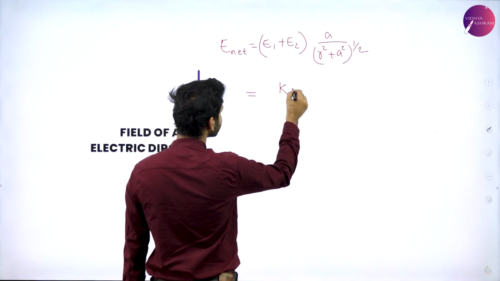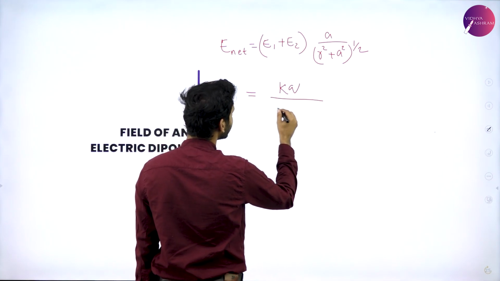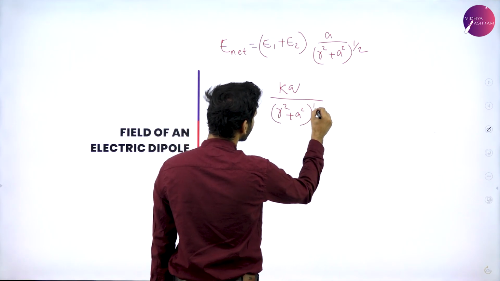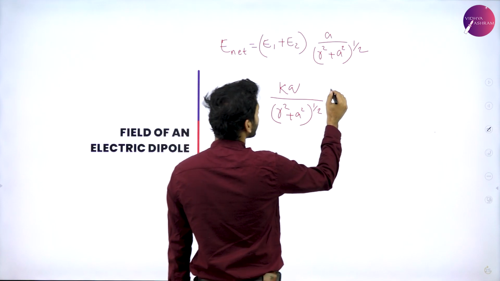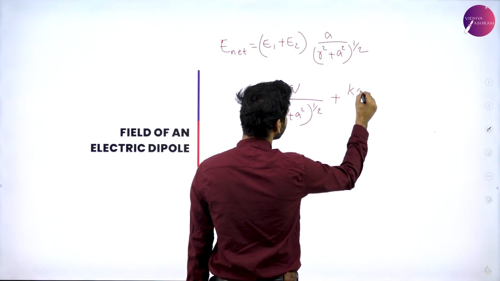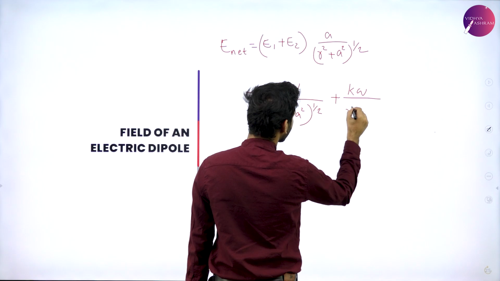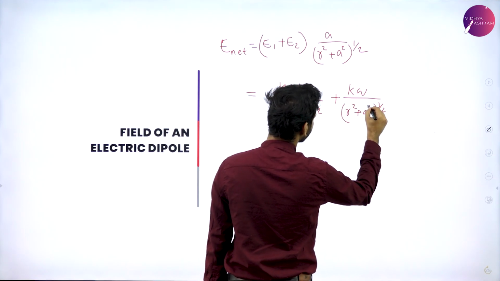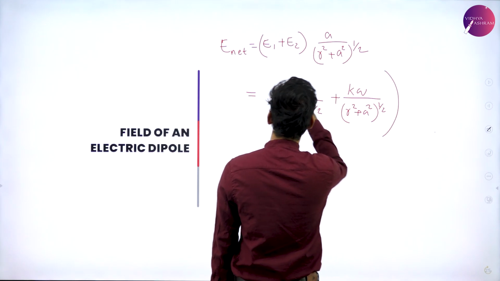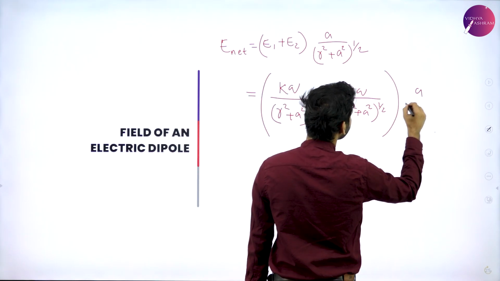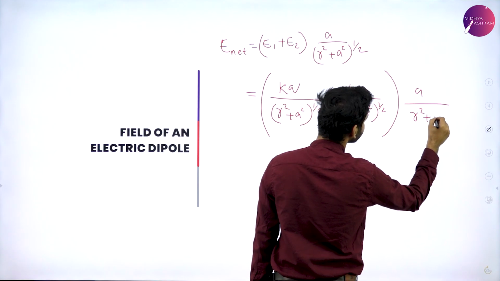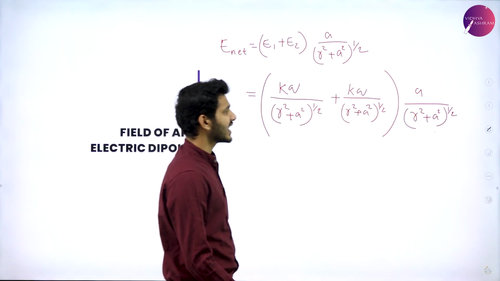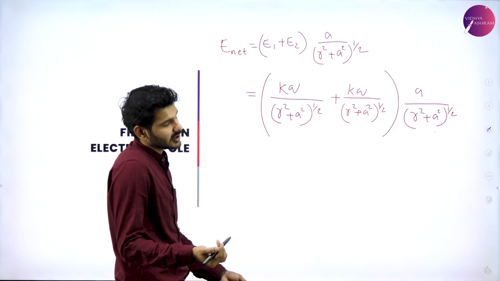So we can write it as KQ divided by (R² + A²)^(1/2) plus again KQ divided by (R² + A²)^(1/2), whole into A divided by (R² + A²)^(1/2). Now we are going to simplify this equation and we get the answer.